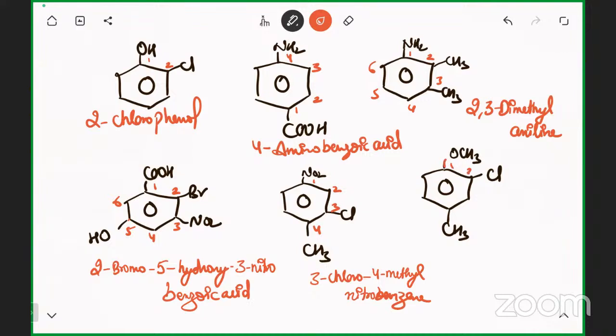OCH3. 1, 2, 3, 4. 2-chloro, 4-methyl. Benzene with OCH3. Where is OCH3?